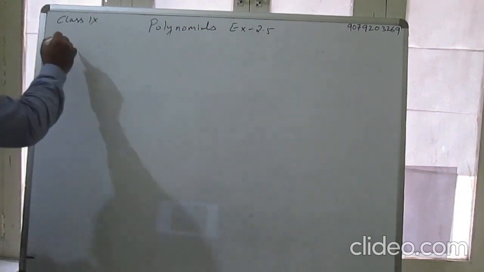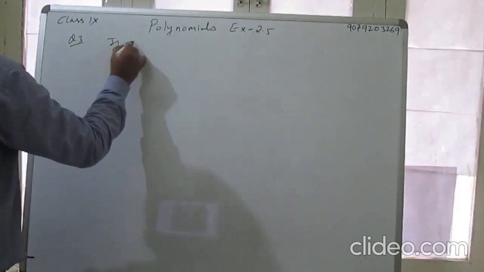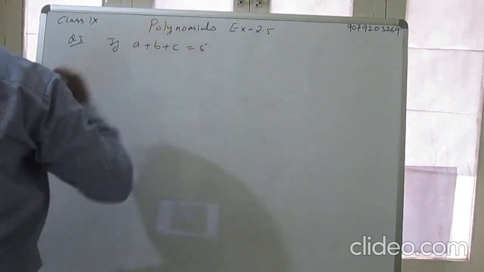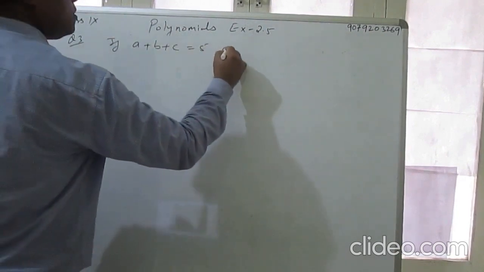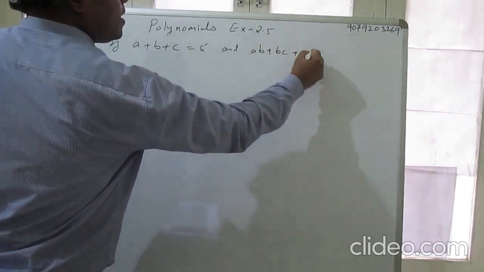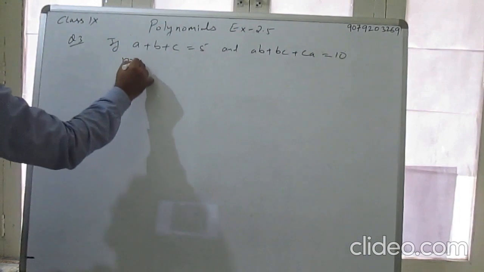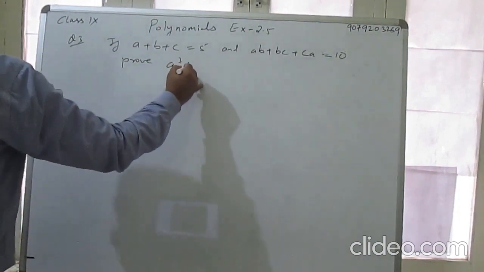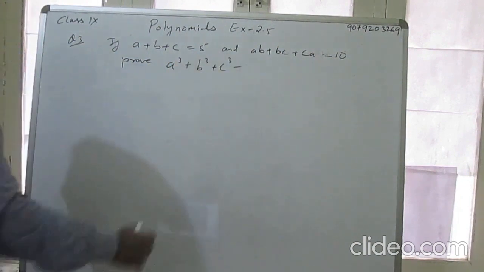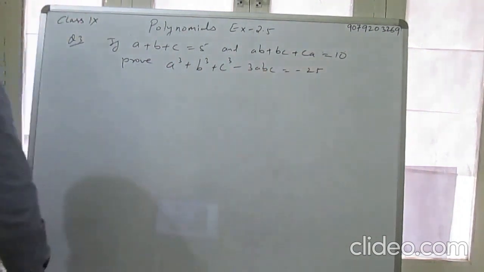Question 3. See here. If a plus b plus c is equal to 5 and ab plus bc plus ca is equal to 10, प्रूव करना है a cube plus b cube plus c cube minus 3abc is equal to minus 25.